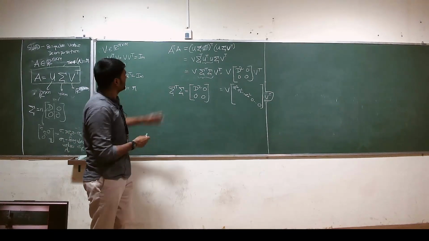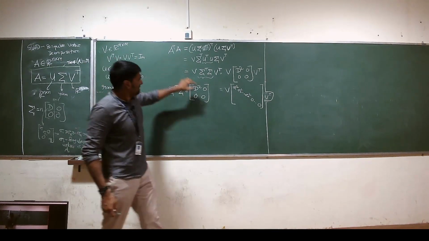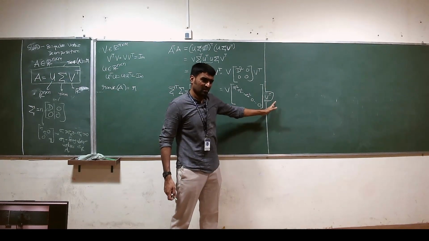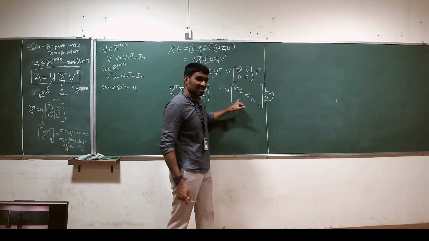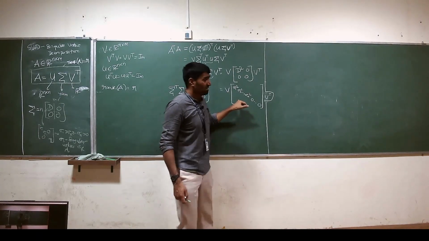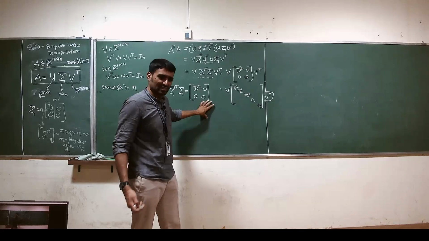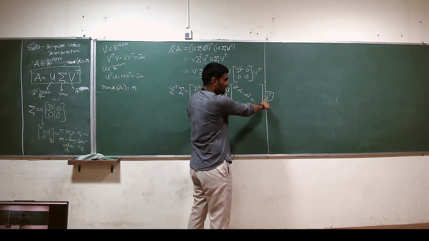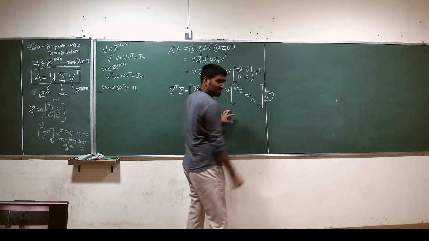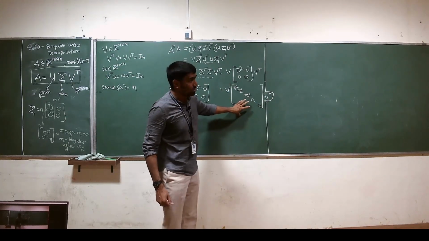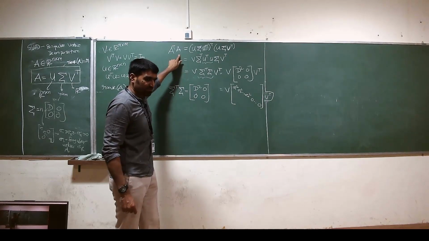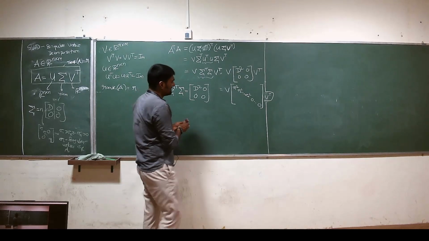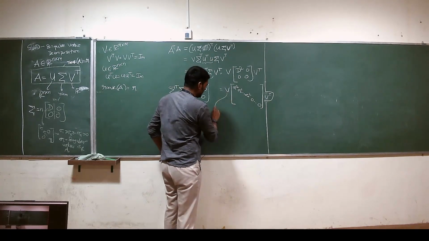This is a symmetric matrix, and we've written it as V times some diagonal matrix times V transpose. Eigenvalue decomposition is unique for a matrix. V inverse is V transpose, because V is an orthogonal matrix, and this is a diagonal matrix. That means this is the eigenvalue decomposition of A transpose A. That simply means that now we know what V is.